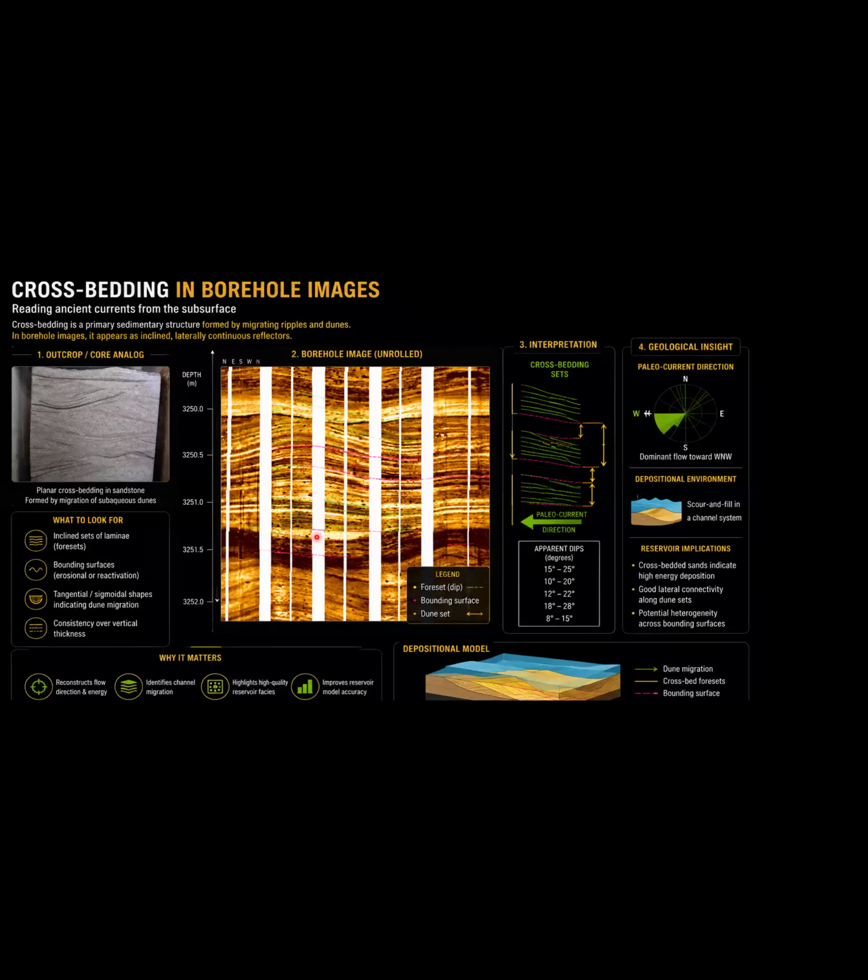If you search on the internet, you will find millions of animations and videos about how dune migration works. It is important for us because most of our reservoirs are either sand or carbonate, but sand is the most dominant.